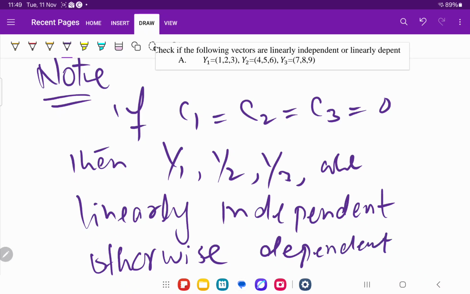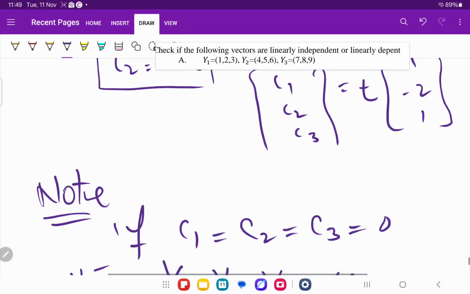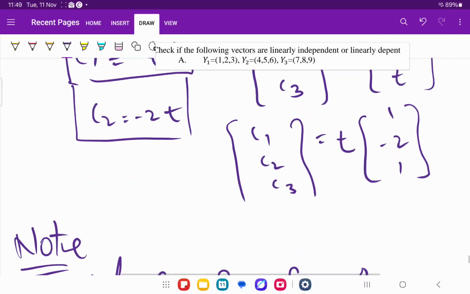So what is it? Dependent. That is the answer. Okay, so the system is linearly dependent, isn't it? You got the idea?